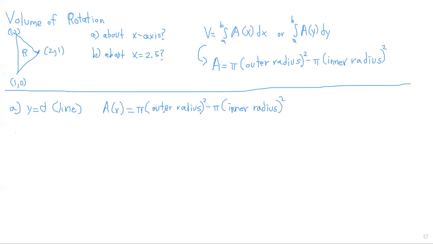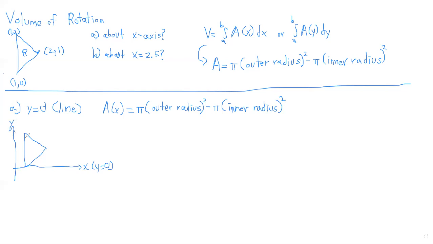And before I figure out the outer and inner radius, let's redraw this diagram. This time with just the x-axis, or y is equal to 0. You can draw the y-axis if you want, but it's not going to help much here.